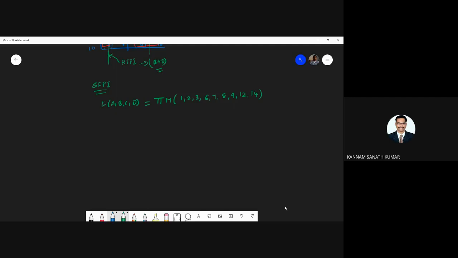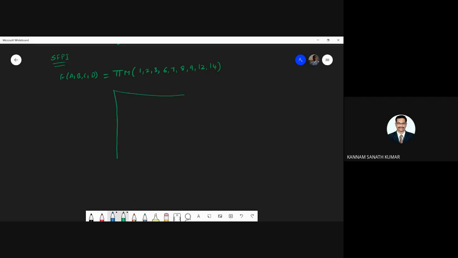So I'm drawing the KMF for this one. So this is AB, and this one is CD, 0 0, 0 1, 1 1, 1 0, and 0 0, 0 1, 1 1, 1 0, with cells 0 1 2 3 4 5 6 7 8 9 10 11 12 13 14 and 15.